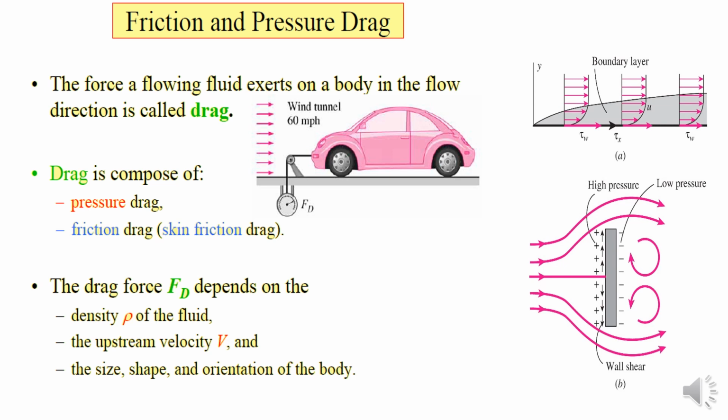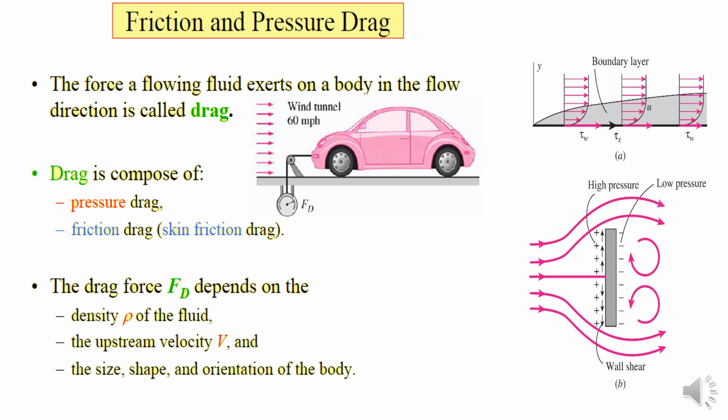This force is called the drag force, which is FD here. The force which pushes the automobile backwards is the drag force, and the drag force is composed of pressure drag and also friction drag. So there are two kinds of drag.